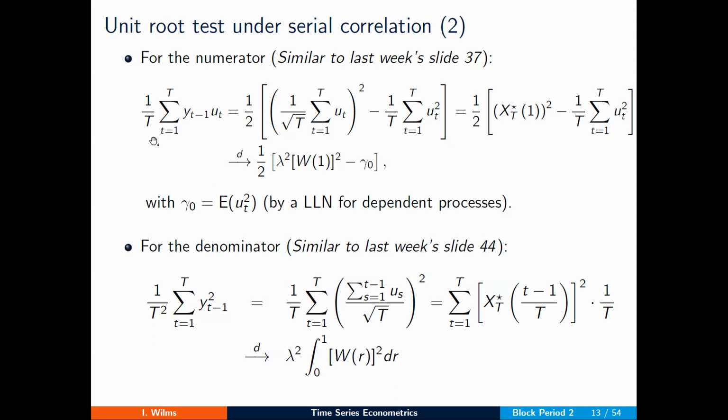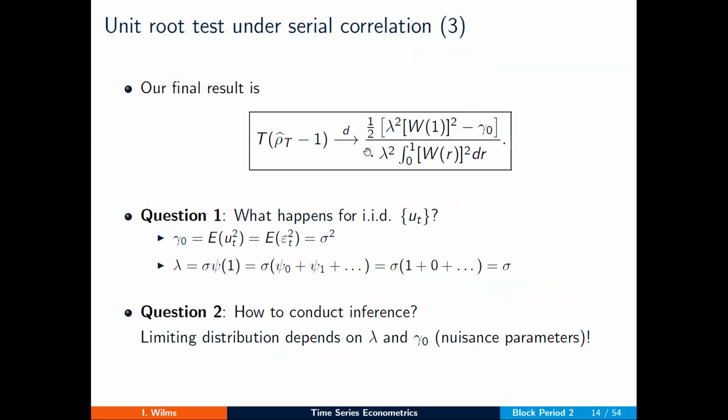So the numerator needs 1 over T, the denominator needs 1 over T squared. If we put these appropriate scalings together, we see that we have asymptotic rate of convergence T, and I've copied over already the corresponding limiting distributions for the numerator and the denominator on this slide.